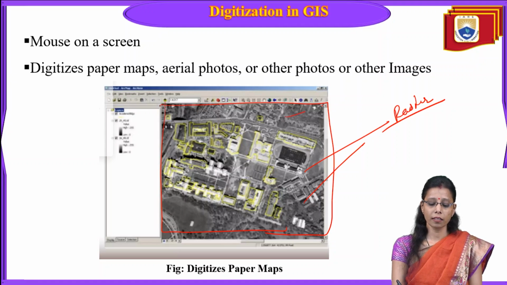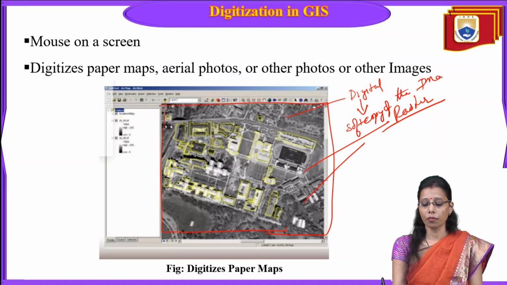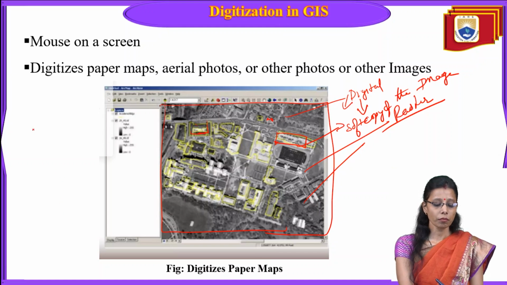Already this is in digital format, but what we generally do is convert this digital image to a soft copy. This paper map is also a digital image, and after the digitization process, this also will be a digital image. The only difference is that it is a soft copy of the digital image, because in an image we cannot do any corrections or modifications.